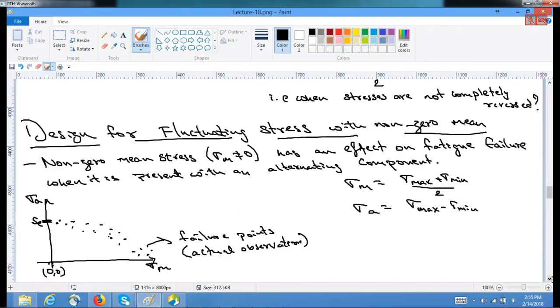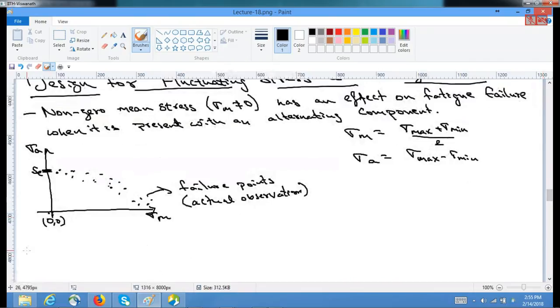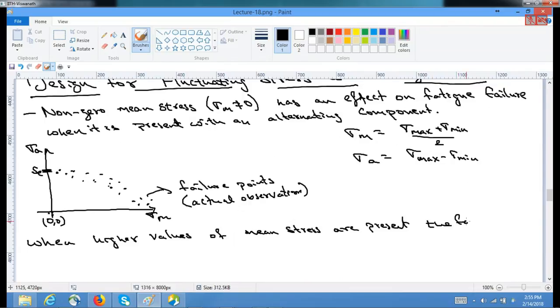The typical thing is that when higher values of mean stress are present, the failure occurs at a lower alternating component.